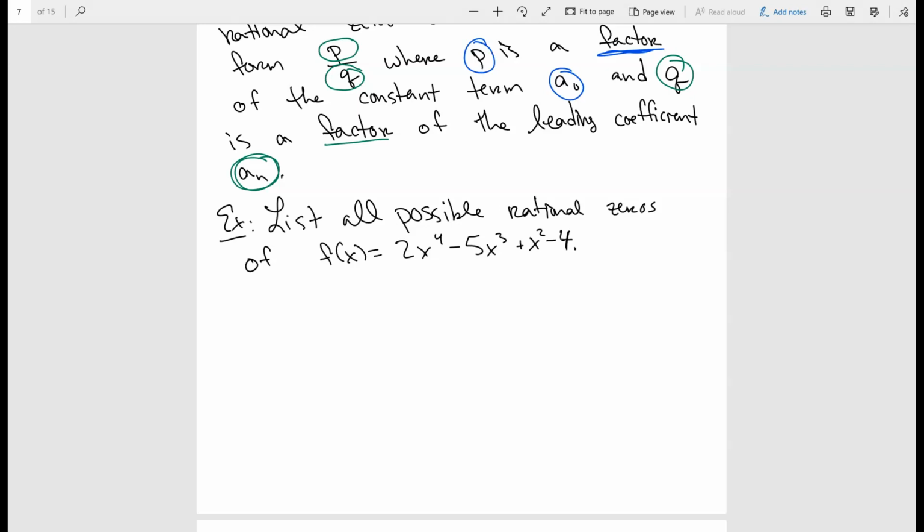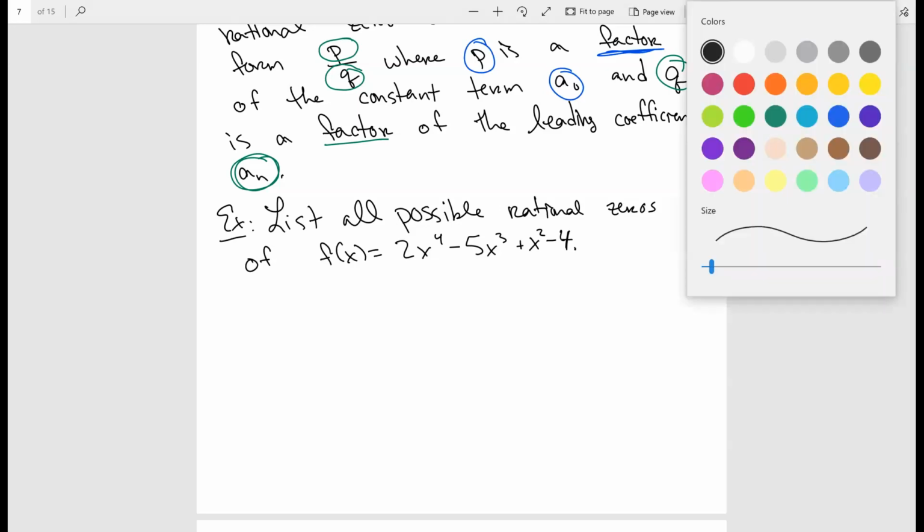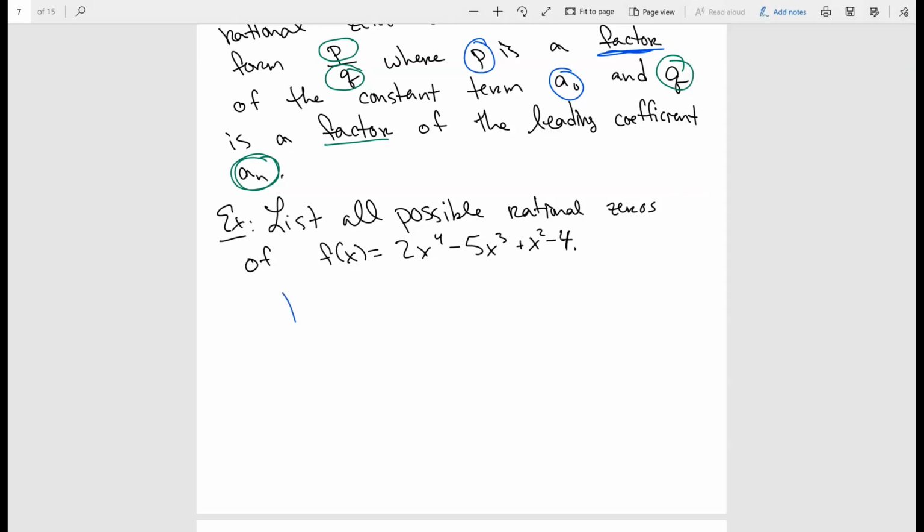The first thing we're going to do is find our p. p is in relation to my constant term, which is negative 4. So you have to think about what numbers multiply to get 4. We know that 1 and 4 are factors, and we also know that 2 and 2 are factors.